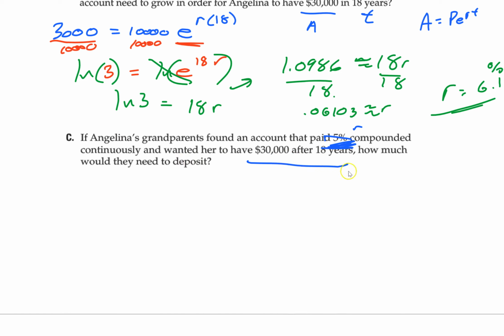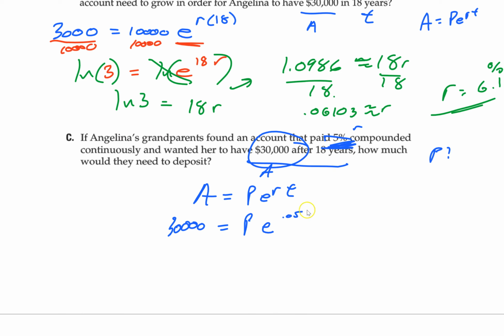Assuming they did it when she was born, how much would they deposit at the very start? So again, same kind of idea. APERT. They want her to have 30 grand at the end. We don't know how much they want to deposit, so that's our P. We're looking for P this time. I have everything else: R is 0.05, and I have 18 years.